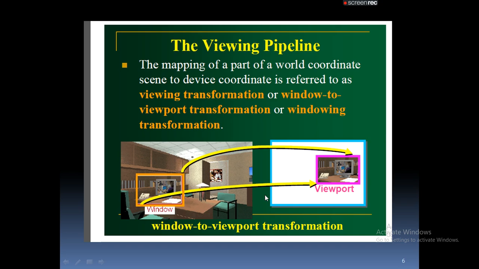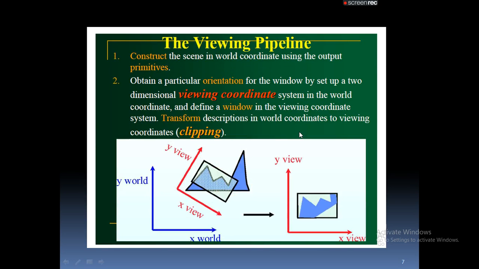We will see it one by one in the next slide. Whenever we are using two-dimensional viewing, or whenever we want to create any object in computer graphics, please see the points.